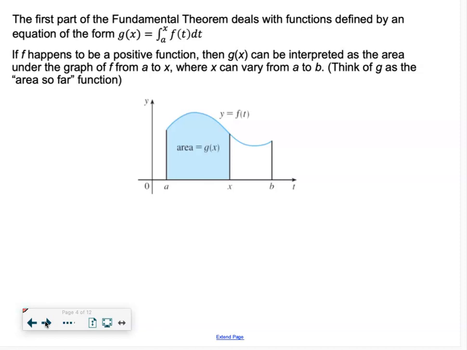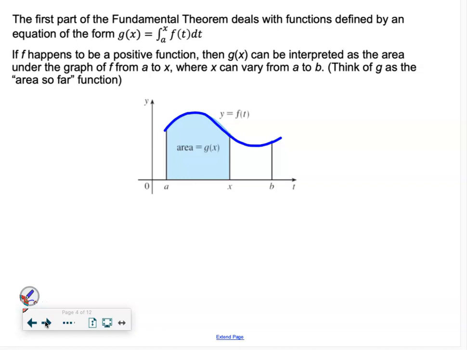So here we go. So in order to understand the fundamental theorem of calculus, you first have to understand a new type of function. So f of t is this function right here. It's basically this boundary, right? So f of t is some regular old function that we have graphed right here.